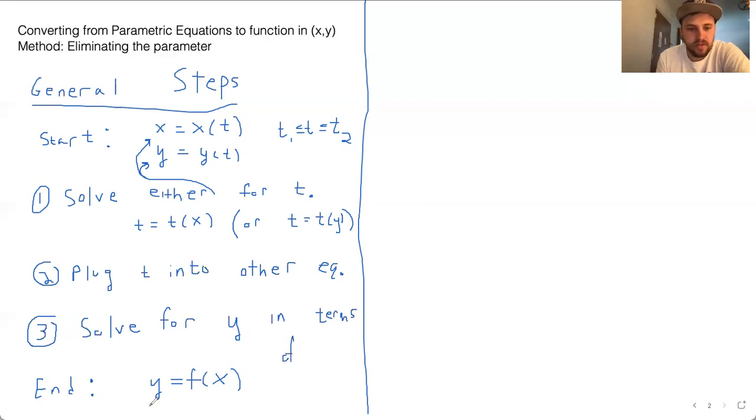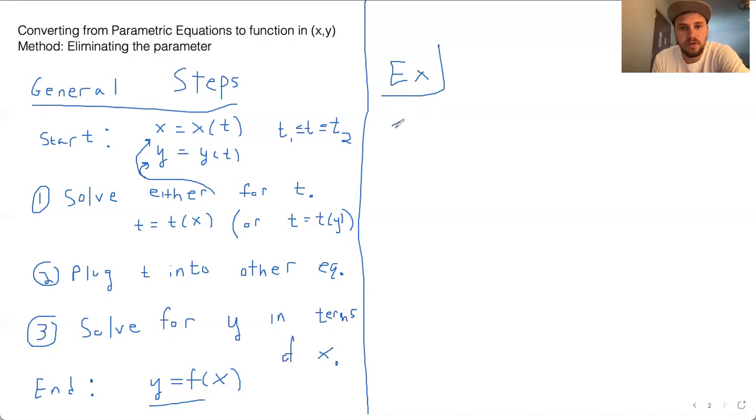And that will get you something that looks like y equals a function of x. And so here's kind of a good step-by-step. And what I want to do over here is an example and number our steps, so we kind of mimic what these steps look like here.